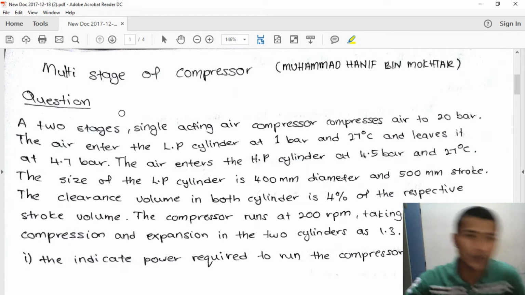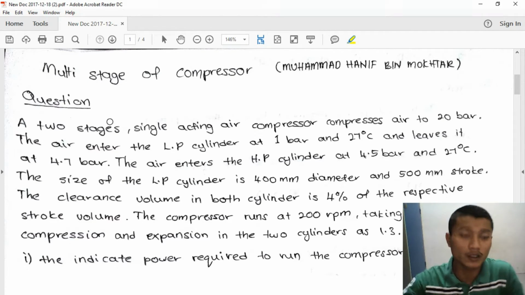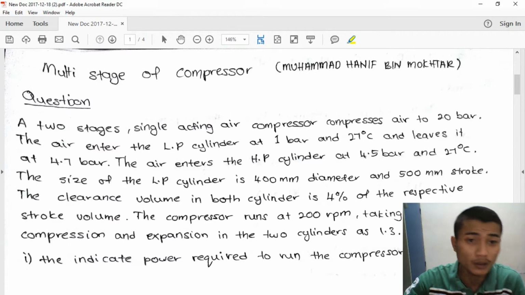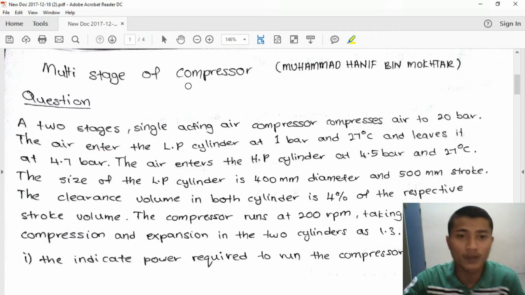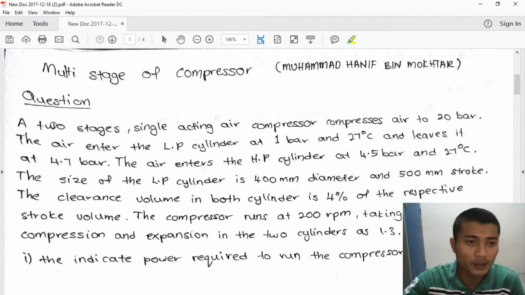Today I want to share the example question for multi-staging of a compressor. The question is: a two-stage single-acting air compressor compresses air to 20 bar.